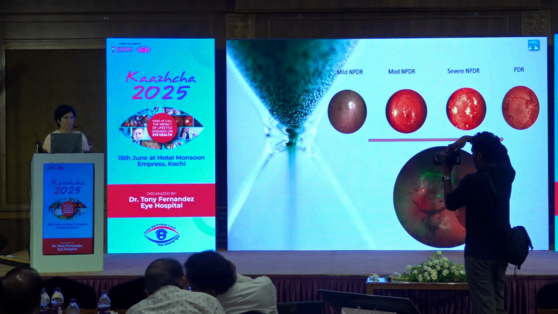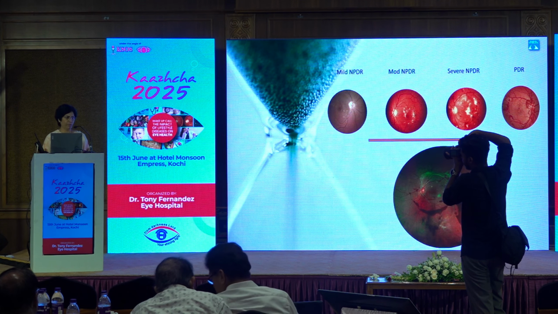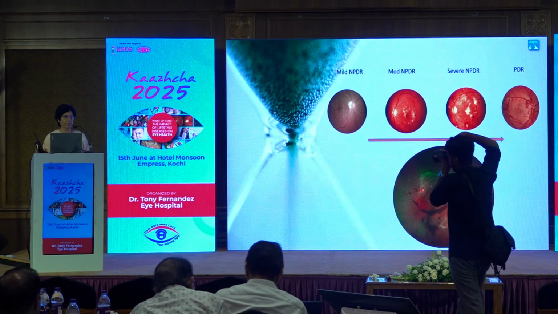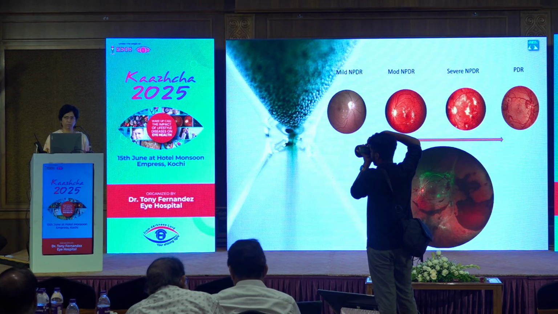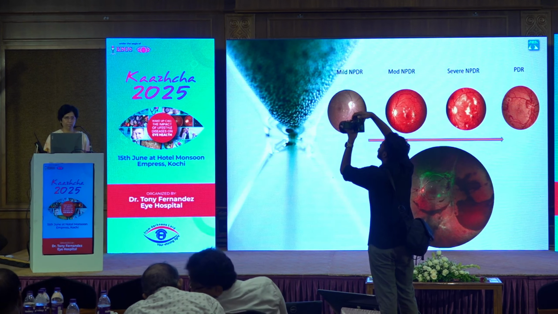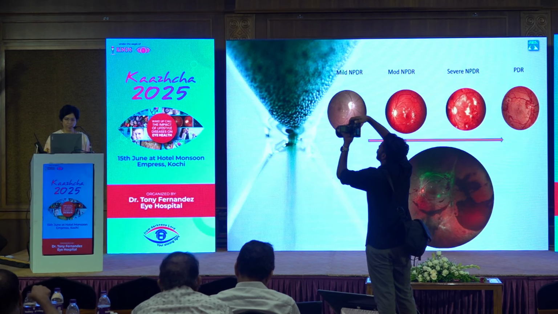Diabetic retinopathy relentlessly progresses from mild to moderate to severe and to proliferative diabetic retinopathy. If left untreated, it can lead to sight-threatening problems such as vitreous hemorrhage or tractional retinal detachment.